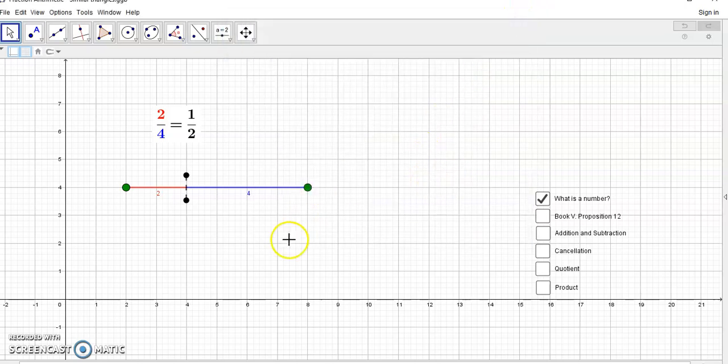Now, first of all, how do we realize the concept of a number? Well, we begin with a distance, let's say, or a mass or a volume. So over here, I have this distance, this red line segment. How do I even begin to know what it is until I compare it with something that I do know?